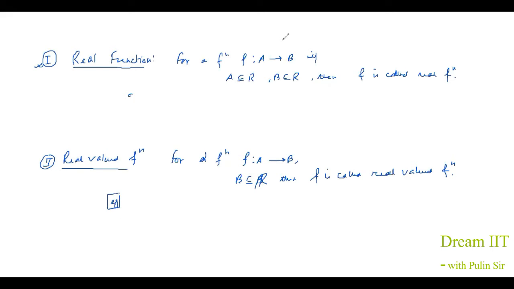Here I'll be giving one example, which is just to make you understand. It will not be a mathematical example, just to make you sure what a real valued function and what a real function is, to make a difference. So do not try to cite this as an example when somebody asks you for a real valued function. Suppose A and B, f is a function. f tells you the number of family members.